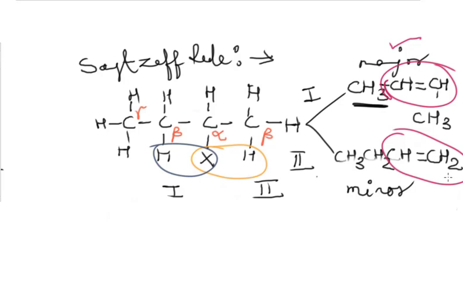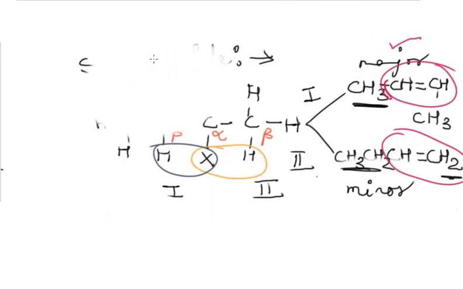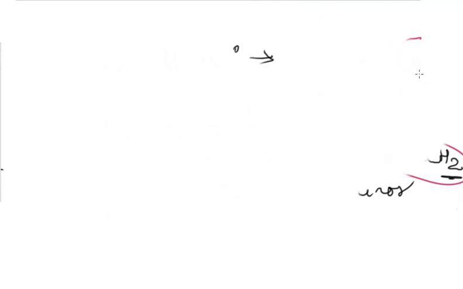But look here, only in this position we have the alkyl group, we don't have an alkyl group in this direction. In the minor product, only one alkyl group is attached on one side of the carbon-carbon double bond. So this is the Saytzeff rule, and with the help of it we can easily find out which one is the major product and which one is the minor product.